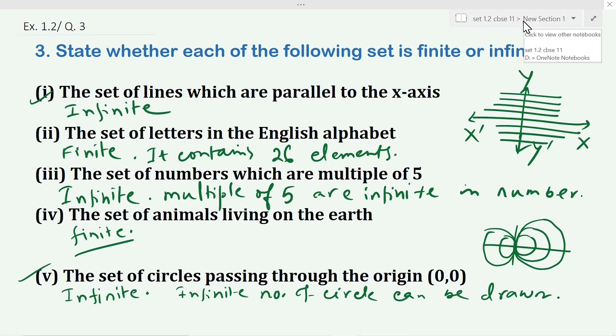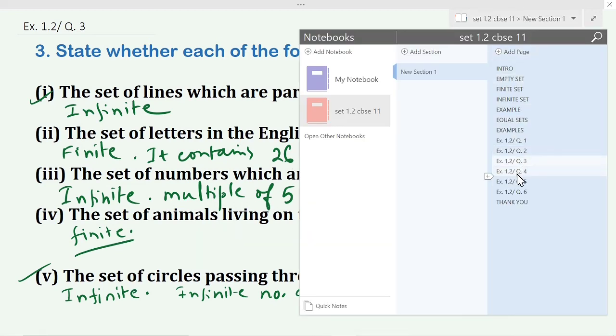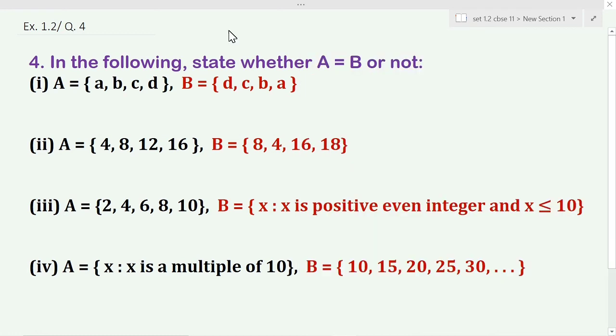Okay, now question number 4. In the following, state whether A equals B or not. Here the elements of A are a, b, c, d, and the elements of set B are a, b, c, d.